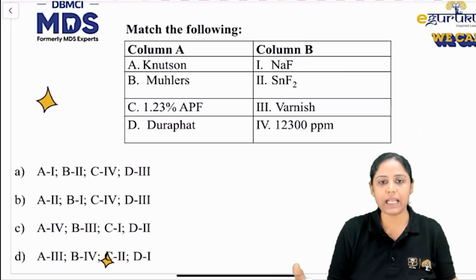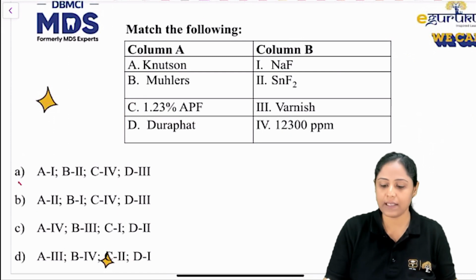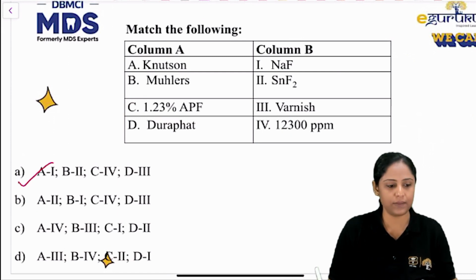Muller's, stannous fluoride is used. 1.23% APF gel, the parts per million of fluoride is 12,300, and Durafat is a fluoride varnish. So A1, B2, C4 and D3. So the choice A is the right answer.